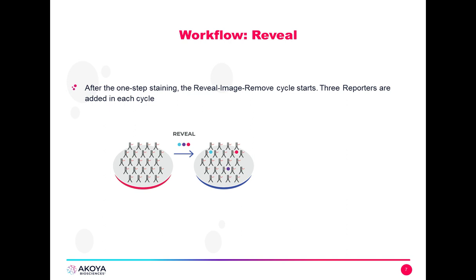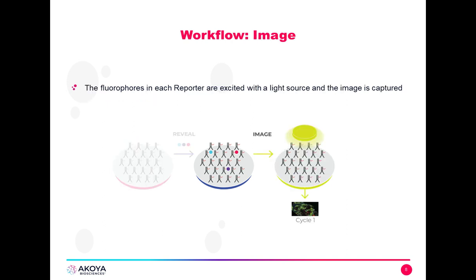Now, this is an isothermal process by which the CODEX reporters are hybridized to the DNA barcoded antibodies. This automation for revealing where these antibodies are inside of tissue is provided by CODEX, and so we're going to reveal, image, and then remove our CODEX reporters.